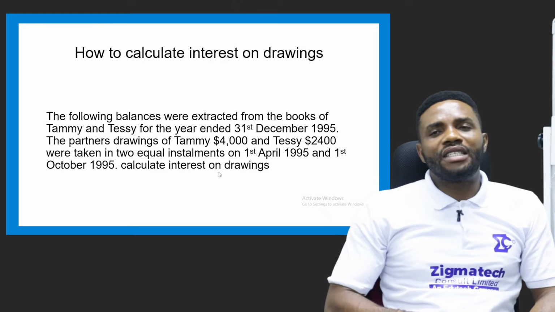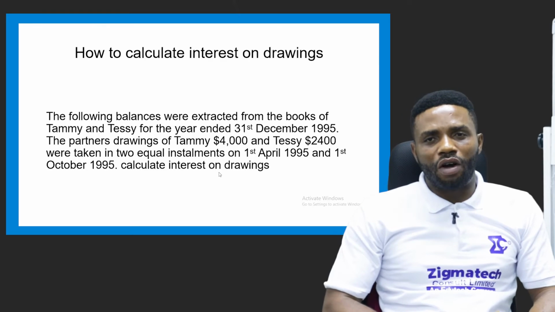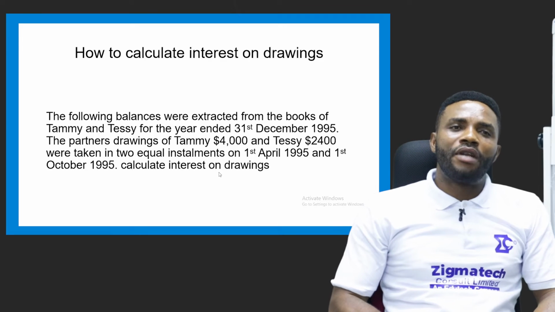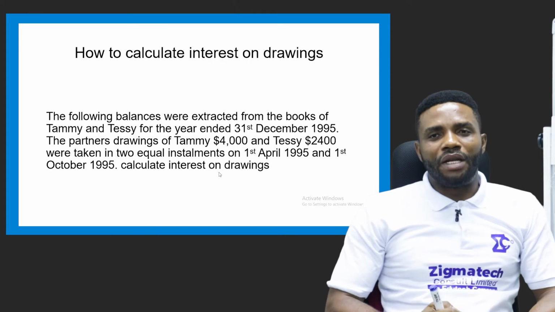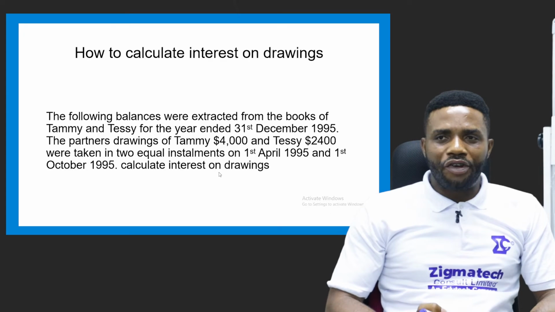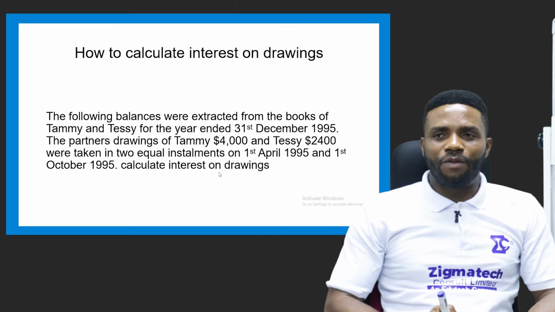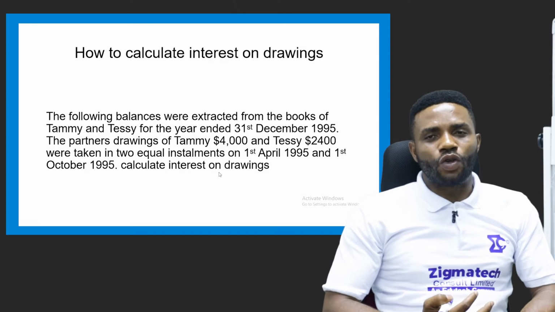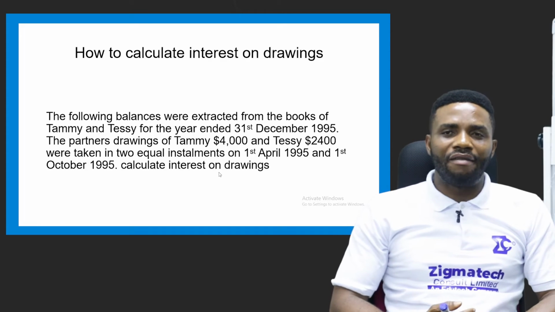The following balances were extracted from the books of Tammy and Tessie for the year ended 31st December 1995. The partners' drawings: Tammy, $4,000; Tessie, $2,400. They are taken in 2 installments on 1st April 1995 and 1st October 1995.